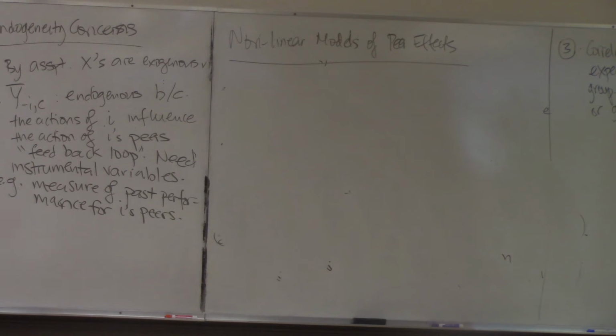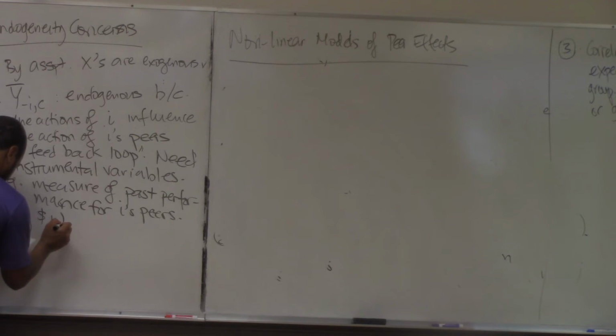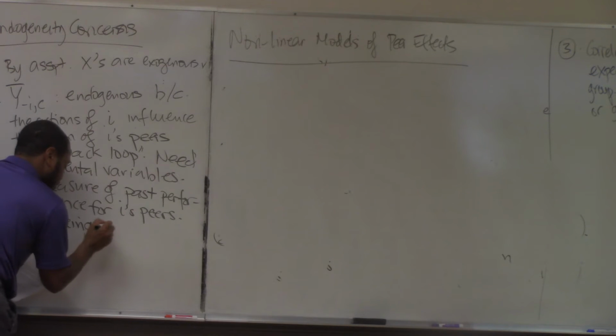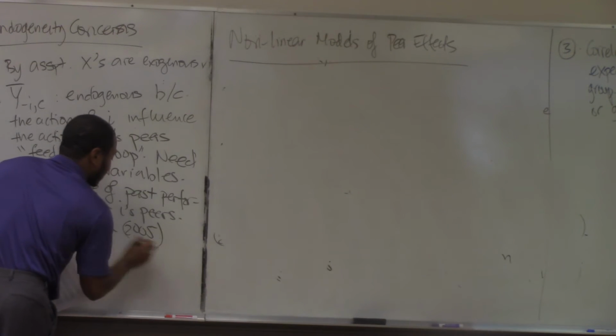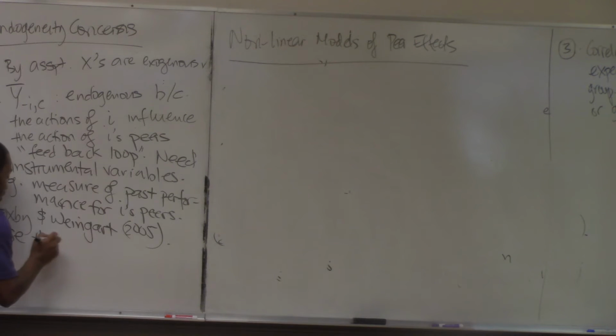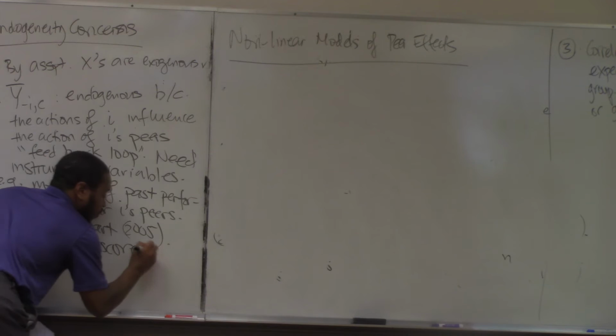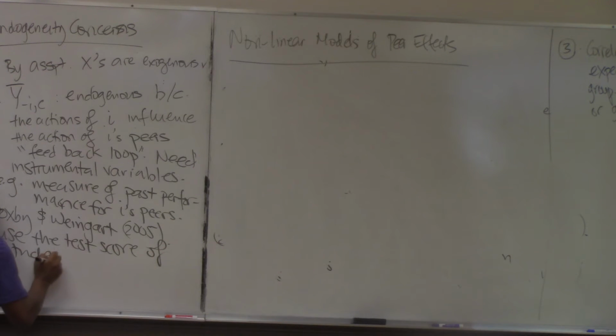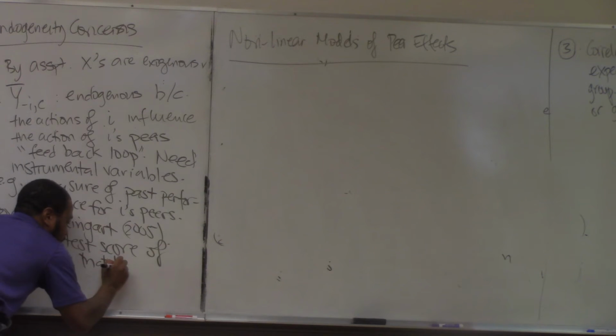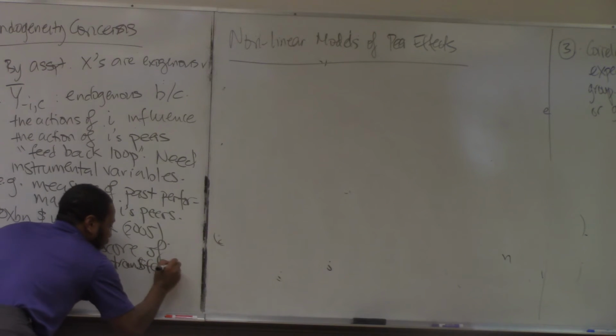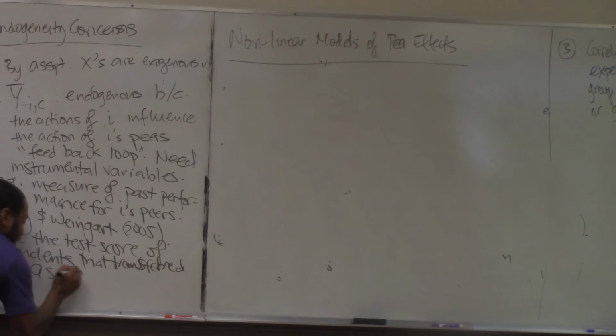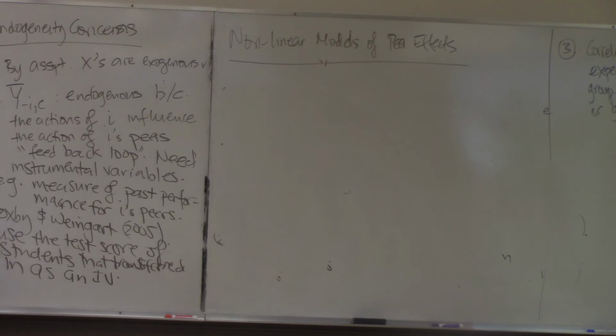And one example of this is a paper by Caroline Hoxby. In Hoxby and Weingarth, 2005, what they do is they use the test scores of students that transferred in as an IV. An IV means instrumental variable.